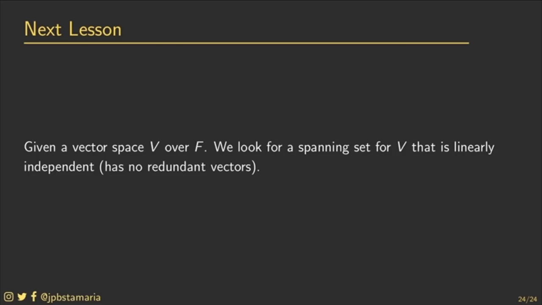In linear algebra, we want to minimize sizes. So you want to find a spanning set that is as small as possible, with no redundant vectors, that spans the given space. And such a set in linear algebra is called a basis for the space.